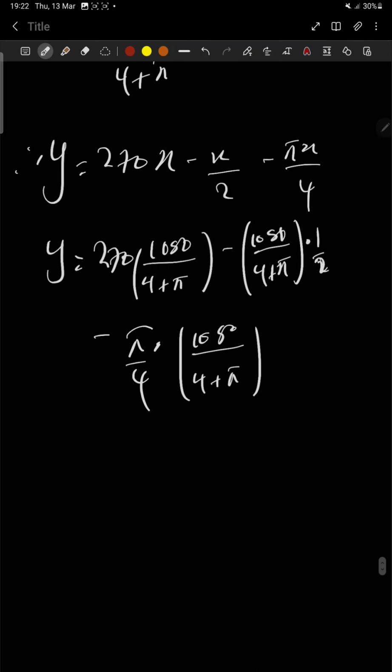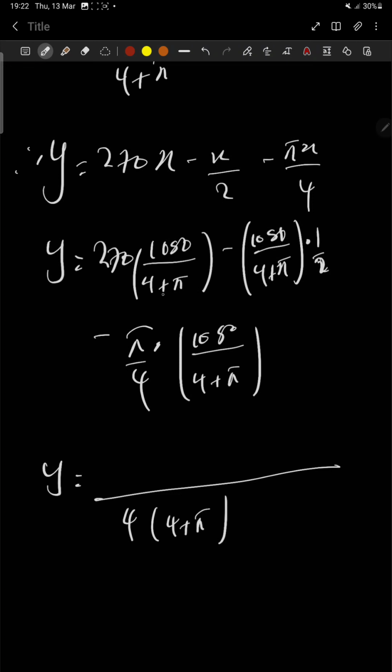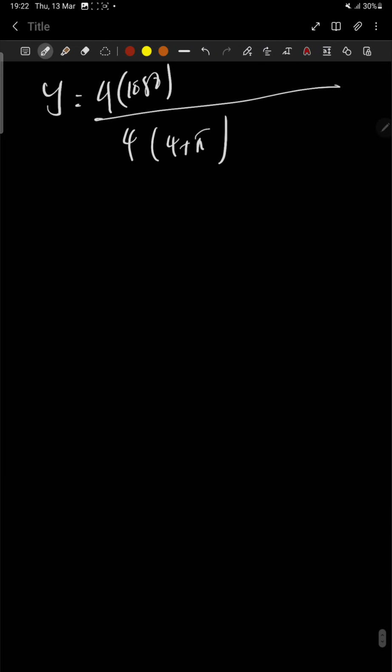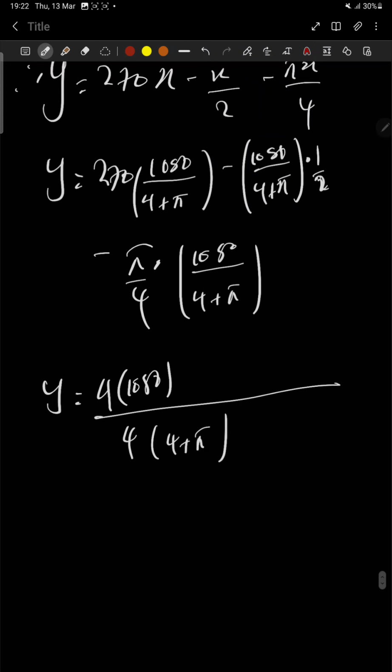Okay, common denominator, it is y is equal to, common denominator is 4 plus pi. So this into this is to cancel 4 times, so it will be 4, then 1080. Okay, 1080 minus, here there's a 2 in there, and then I'll remain with 2, 1080, right?